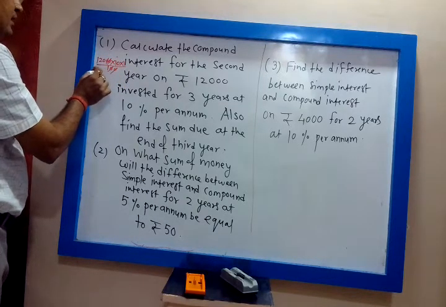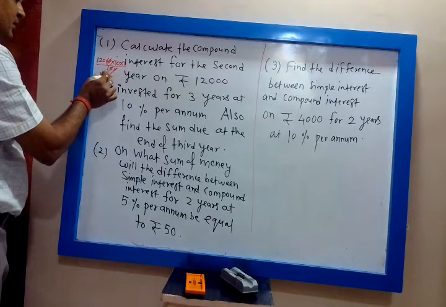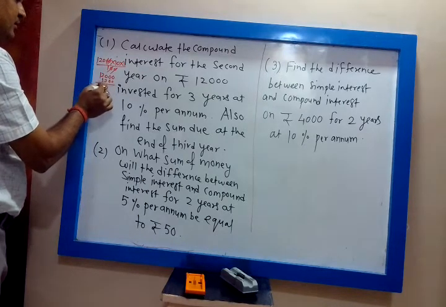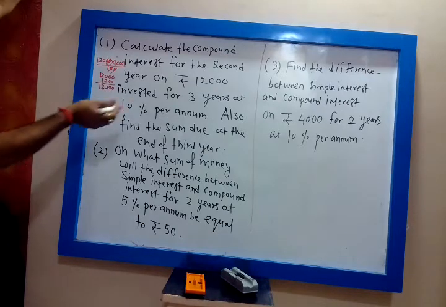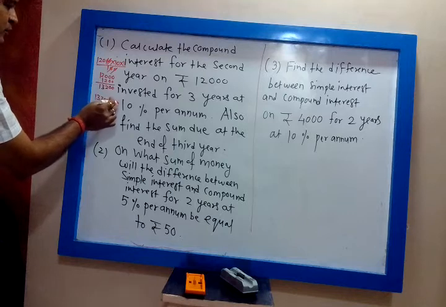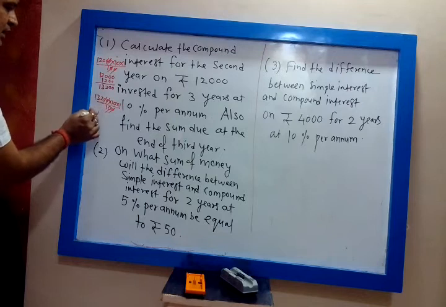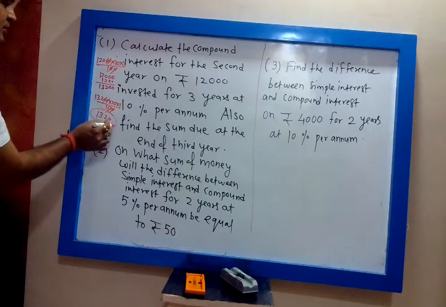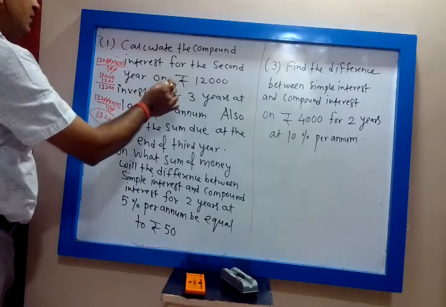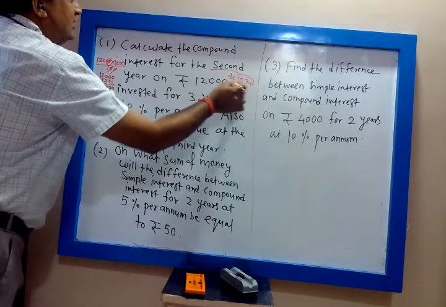So 1200. So 12,000 plus 1200, that is 13,200. This will be my amount A. So 13,200 into 10 into 1 upon 100. Zeros get cancelled. What is the answer? Interest is 1320. For the second year, find the interest. This second year is 1320. All of you got the answer? 1320.